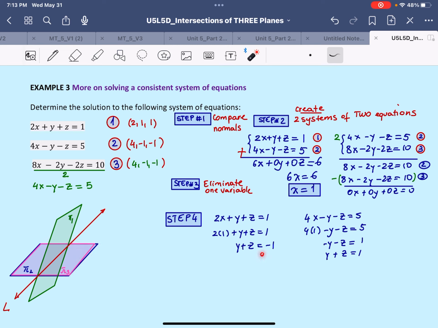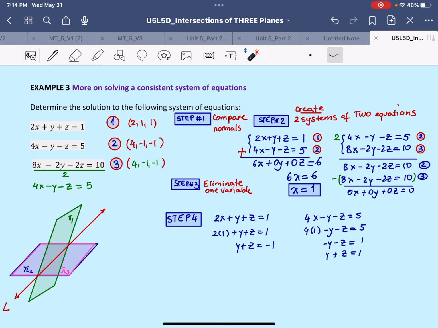Now, I wanted to go over this so that we can see the connection between what the algebraic solutions would look like, or what our findings will be when we solve the system of 3 planes algebraically, right? And how the normals can tell us what kind of intersection will exist between the planes, so how the planes are positioned against each other.